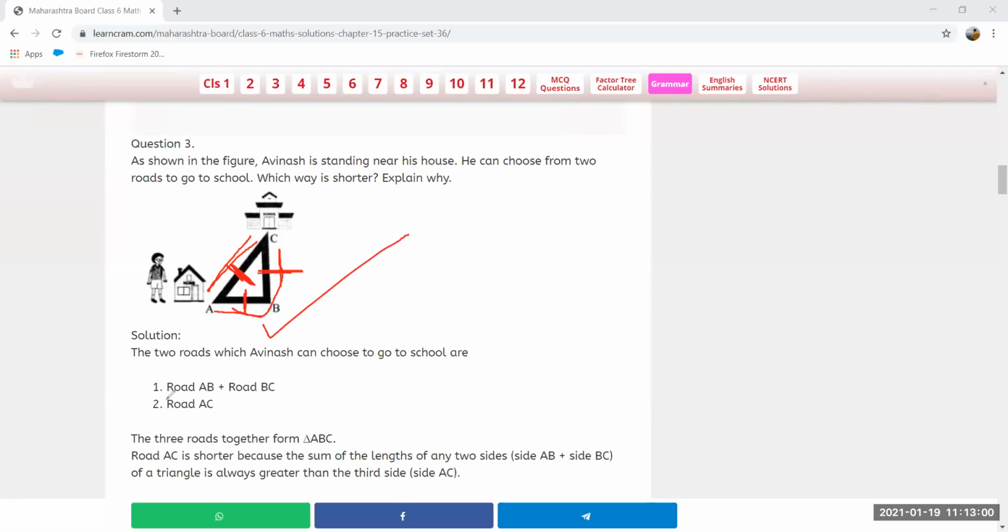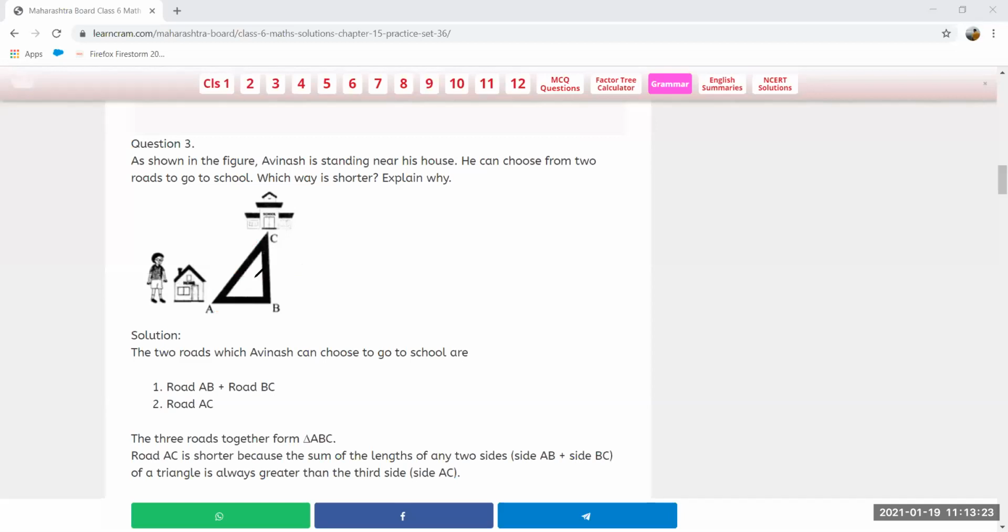Okay. So these two roads form a triangle, and road AC is shorter because the sum of the lengths of two sides is always greater than the third side. Okay. So why is Avinash standing near his house? He can choose from two roads to go to school.